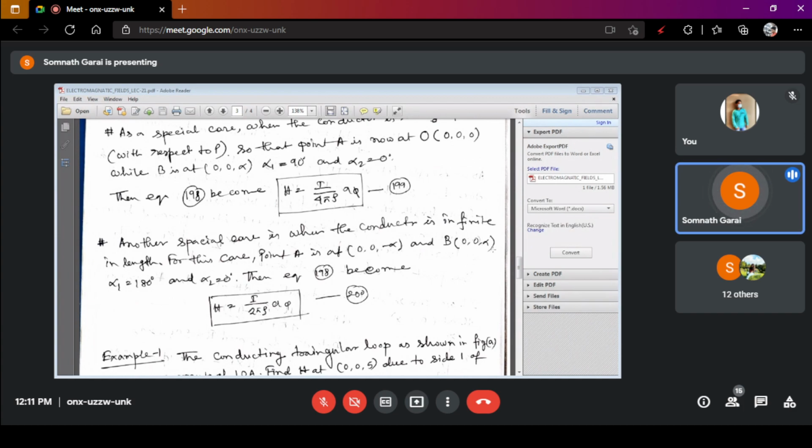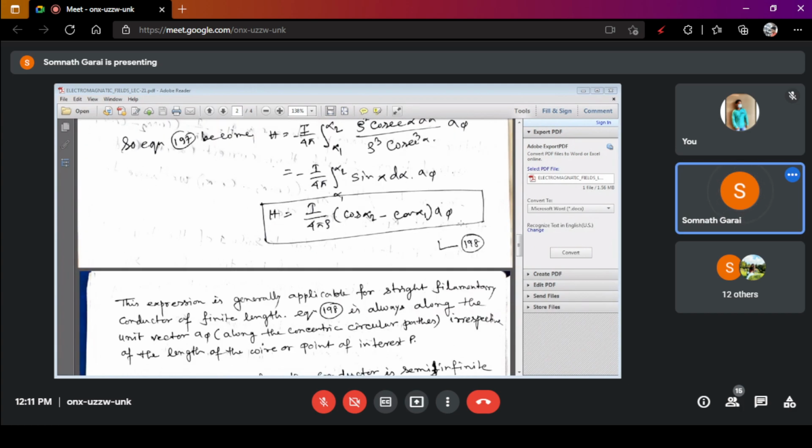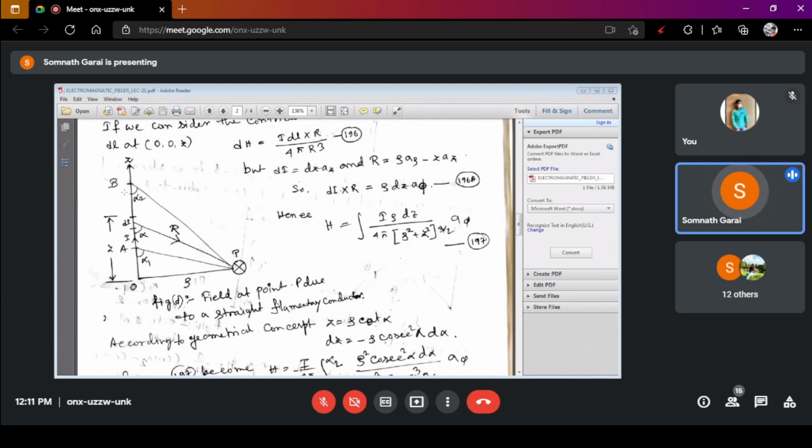If this conductor is infinite, B comes to the upper portion and A comes to the lower portion, but at infinite range.